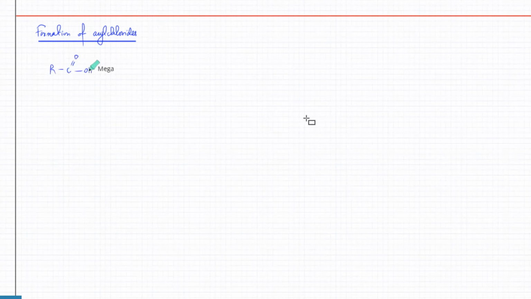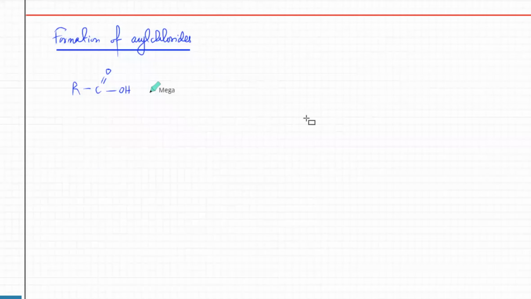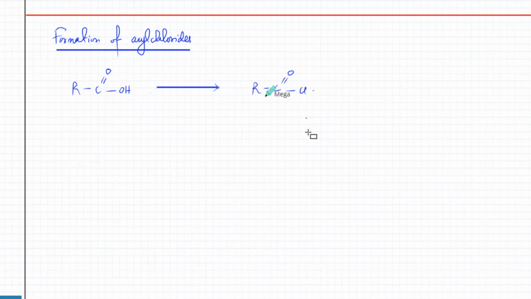All you have to do is substitute the carboxylic acid OH with Cl. So a carboxylic acid turns into an acyl chloride. That's how they form from carboxylic acids.